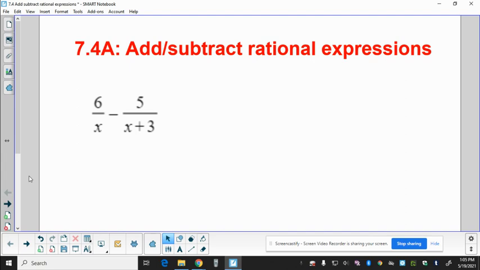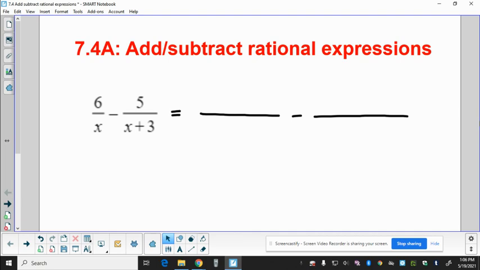So what I'm going to do is I'm going to take these two denominators and I'm going to use them to rewrite this problem with a common denominator. Now, what you're best off doing is getting what's called the least common denominator. Some people call it the least common multiple.